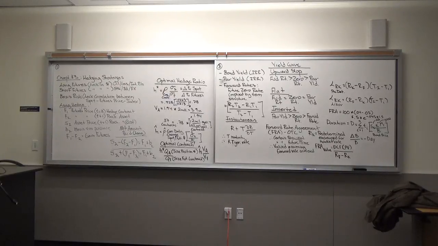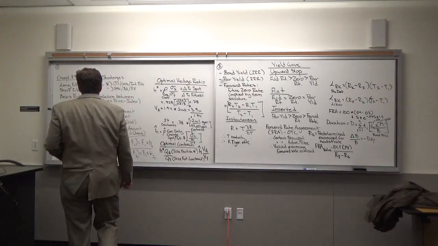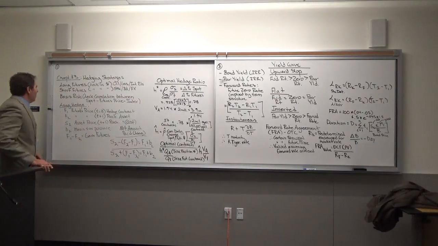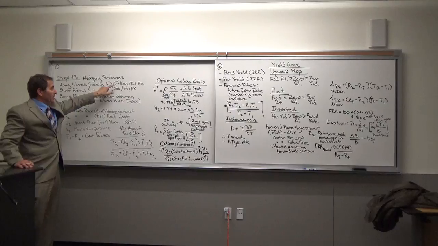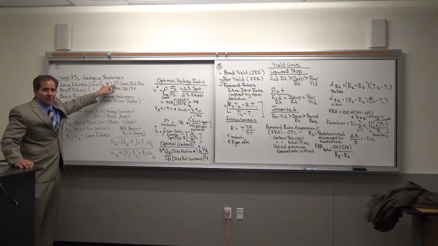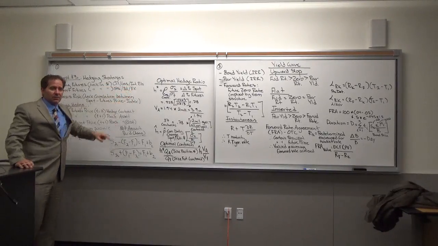All right. So chapter 3 is hedging strategies. Again, you can go long the futures, and it's extremely valuable when you go long the futures, especially when you're exposed to input costs that are rising. So oil, gas, heating oil, interest rates.